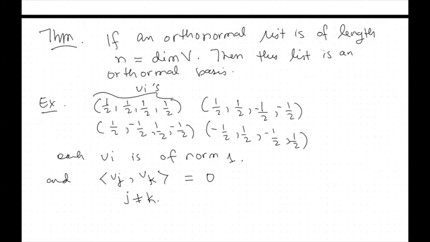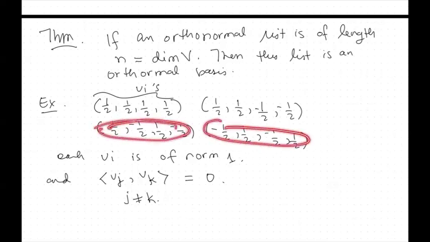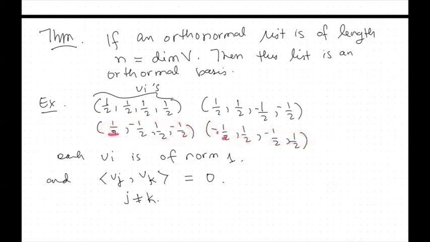You can check this by taking the inner product of this and this one, with alternating signs, so you get 0, and in the same way for the rest.